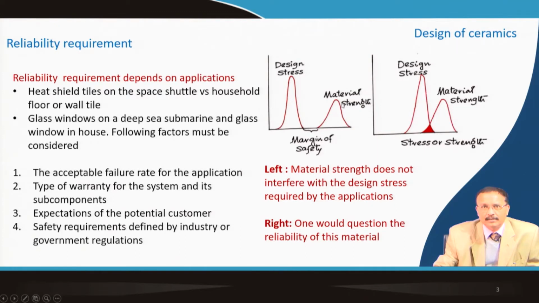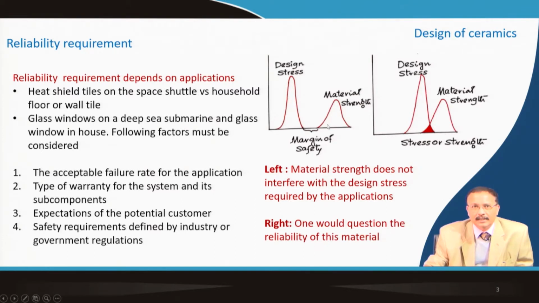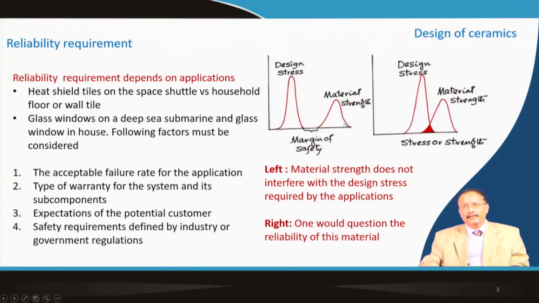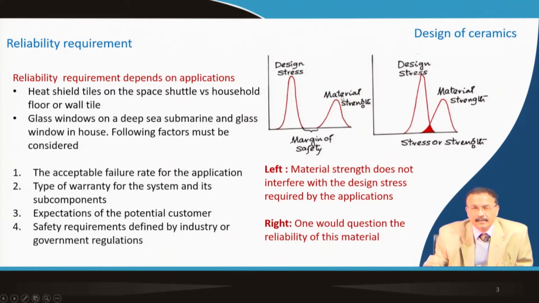So, number of occurrence maybe it is 50 of this sample can withstand this particular strength, and there are less number of samples that can withstand the lower strength than the peak value, and higher strength is also exhibited by again a limited number of materials, but this kind of distribution is still okay if you consider that your application requires a design stress in this region.